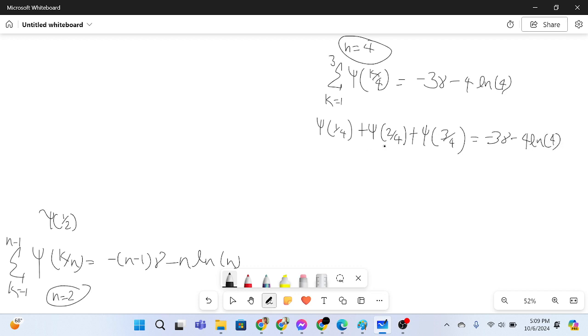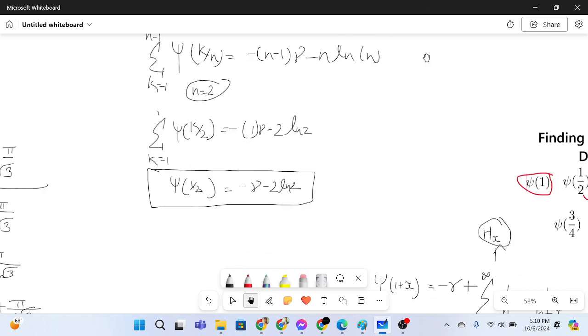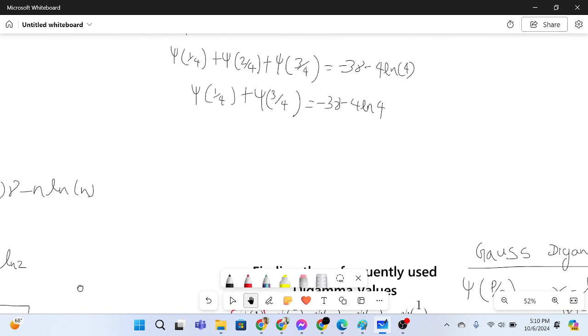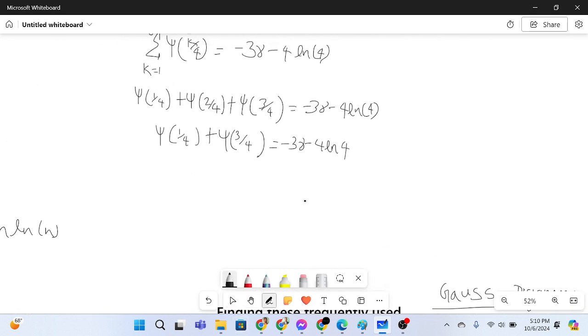We know digamma of 1 by 2, right? So we can put the values and take it to the other side. We get digamma of 1 by 4 plus digamma of 3 by 4 to be minus 3 times the Euler-Mascheroni constant minus 4 ln 4. Again, digamma of 1 by 2 is just minus the Euler-Mascheroni constant minus 2 ln 2. So if it goes to the other side, it becomes plus the Euler-Mascheroni constant plus 2 ln 2, right?